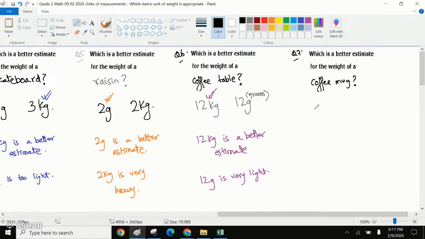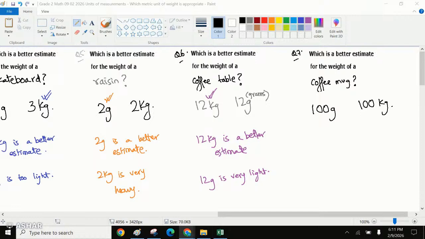So can we say 100 grams or 100 kilograms? Which one is a better measure? Valerie, what should be the better measure for the weight of a coffee mug?